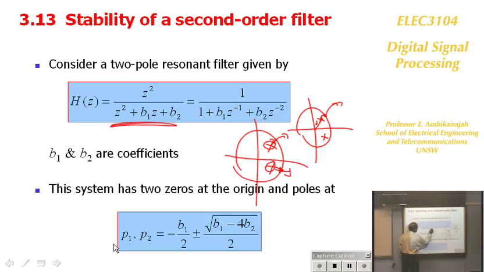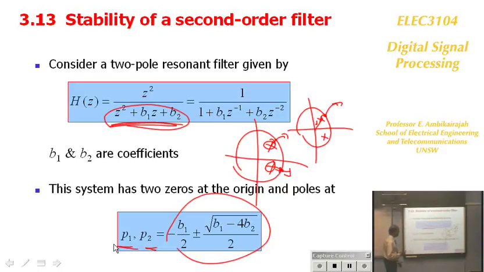Let's take this equation, that's your second order poles, and find its roots. Roots are using minus b plus or minus root b squared minus 4ac over 2a, and that's what you get, in terms of b1 and b2. Now we know these are the poles.